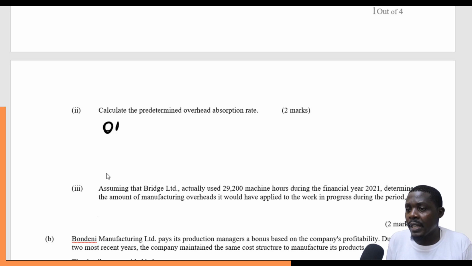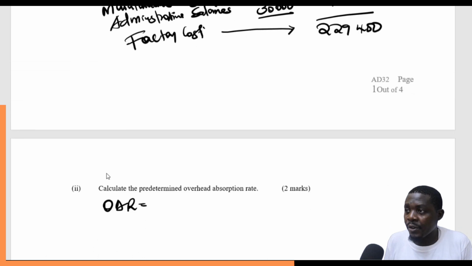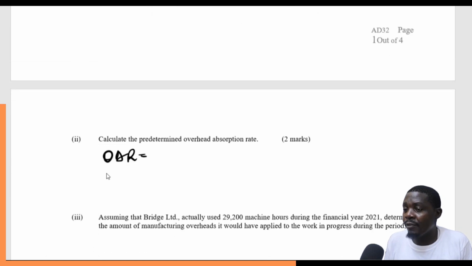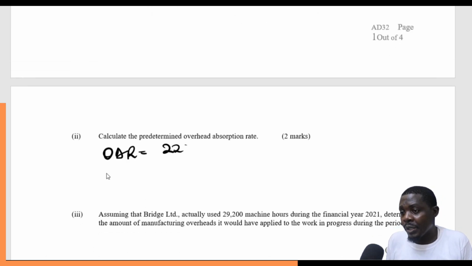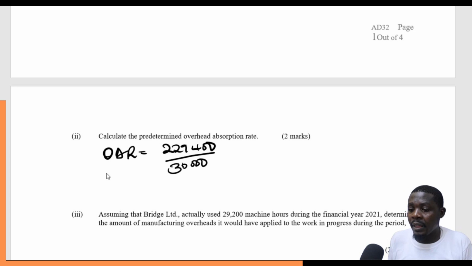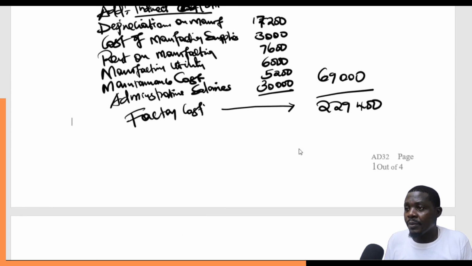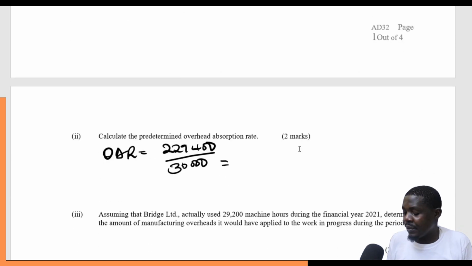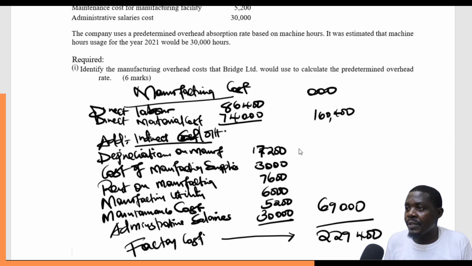Now, for the overhead absorption rate, we are going to take the predetermined factory cost of 229,400, divided by the machine hours, which were 30,000. Remember, we are truncating three zeros up there.